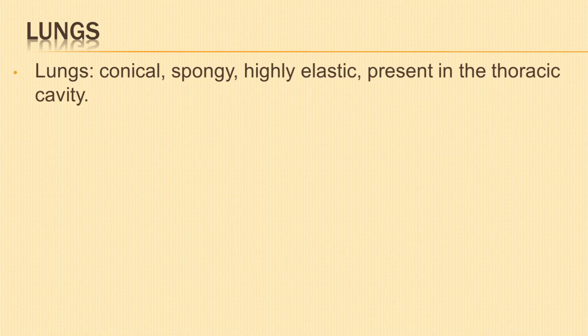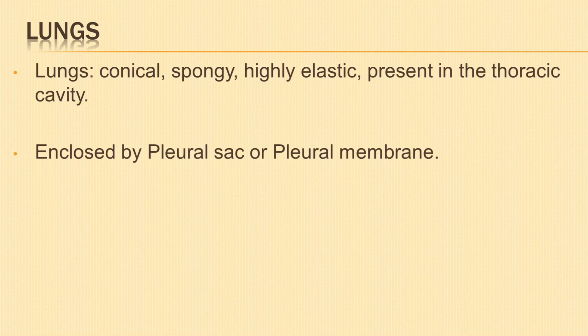We come to lungs. They are a pair of conical, spongy, and highly elastic sacs which lie in the thoracic cavity, one on each side. Each lung is enclosed in a pleural sac. The enclosed cavity is called the pleural cavity.